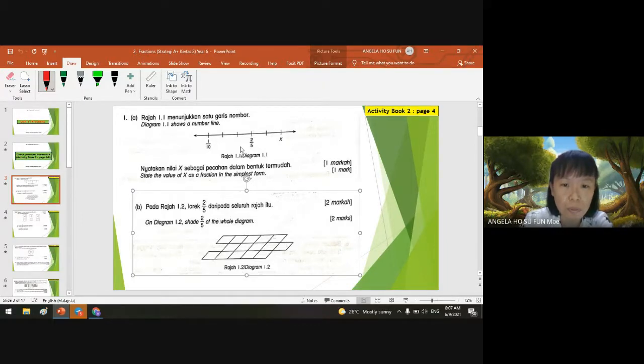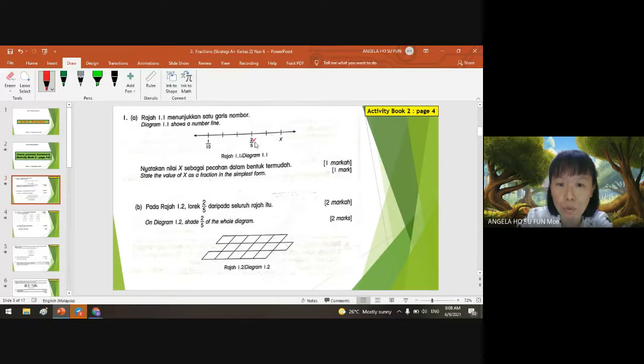So if possible, you make the denominator the same first. This 5 and 10. I know that 5 can become 10 when you multiply by 2. When you times 2 here, 2 times 2 is 4, and 5 times 2 is 10.